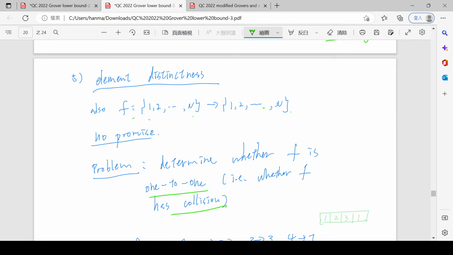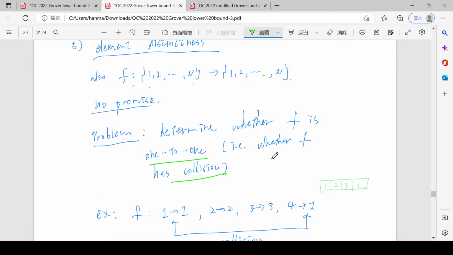We want to decide whether f is 1 to 1 or there is a collision, because the range is totally the same if it's not 1 to 1. Anyway, it's 1 to 1 or there is a collision. You can feel that this problem is harder because there were a lot of collisions before, right?